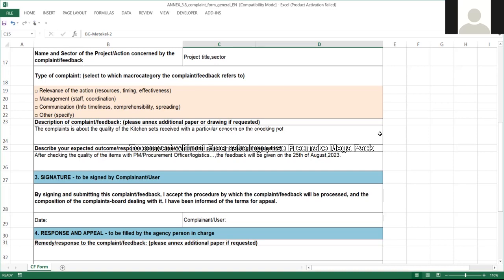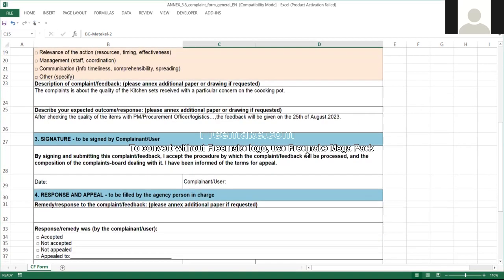After checking the quality of the items with the project manager or procurement officer or logistics, the feedback will be given on 25th of August 2023. So you have already received that there is a quality issue. Then for the feedback, maybe you can tentatively plan the date and the procedure that you are going to follow. This is how you are going to describe the expected outcome.